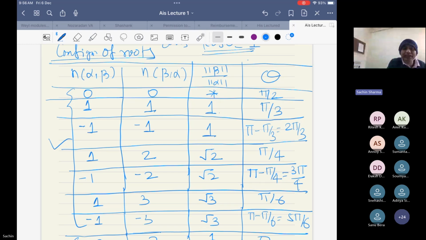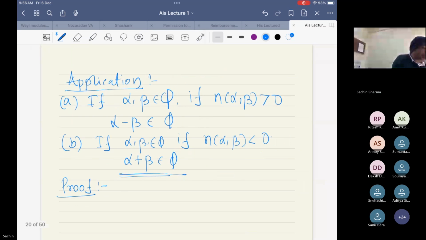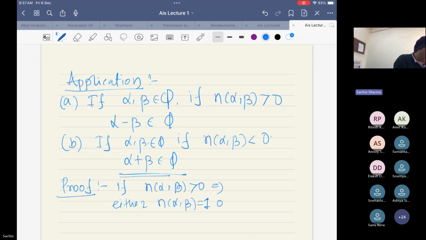But that is very similar, just the mirror image of those things, so I'm not considering that case. Technically, I should mention 2 and 1 also. So if n(alpha, beta) is greater than 0, that implies that either n(alpha, beta) is equal to 1 or n(beta, alpha) is equal to 1.